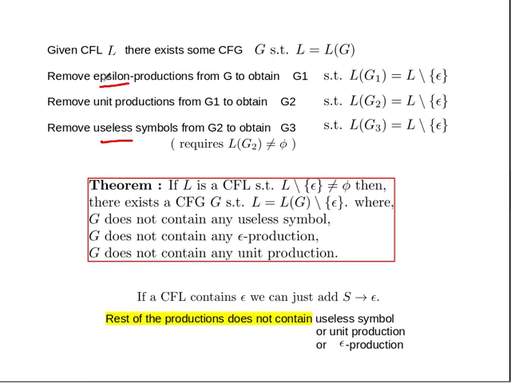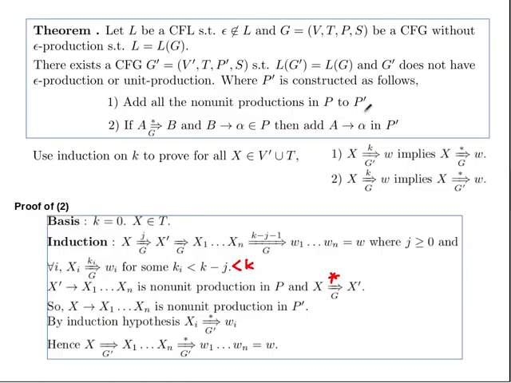And we should notice that while removing these unit productions, we did not introduce any new epsilon production, right? So that is why we have this theorem, that here we started with something without epsilon production, and here we also got something which does not have unit production, because we are not introducing any epsilon production.